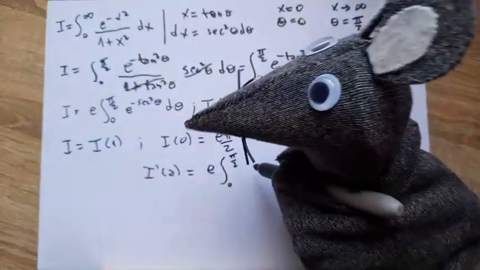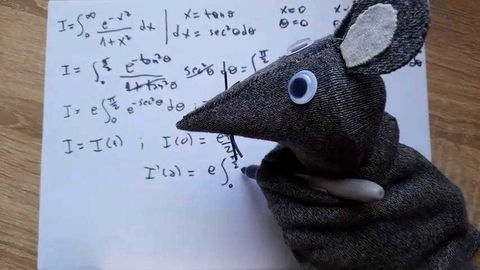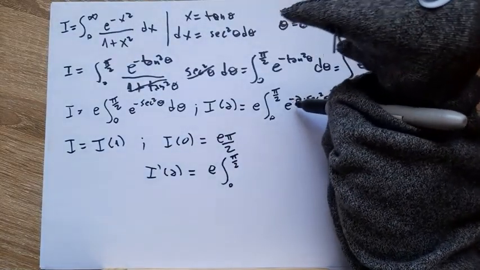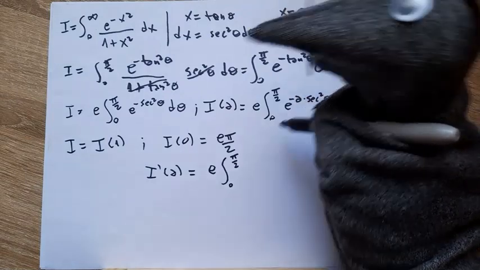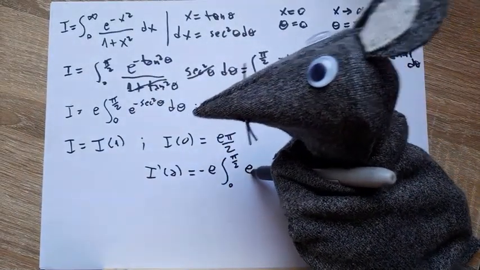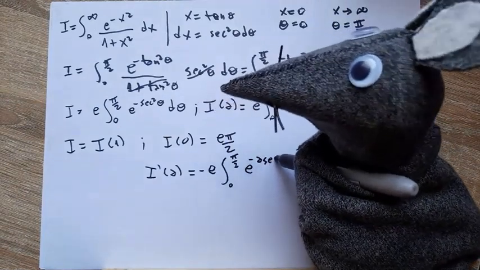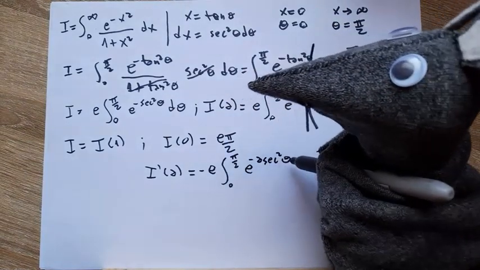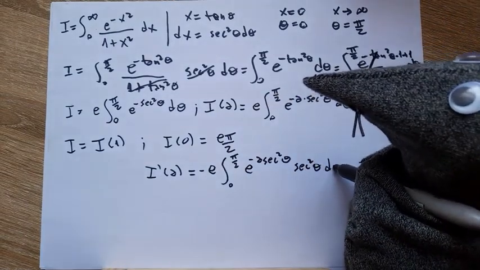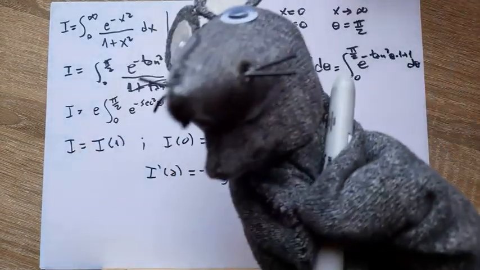Yeah. So here, when we take the derivative, we get the minus sign from the exponential: minus e to the minus a secant squared of theta, secant squared of theta d theta.